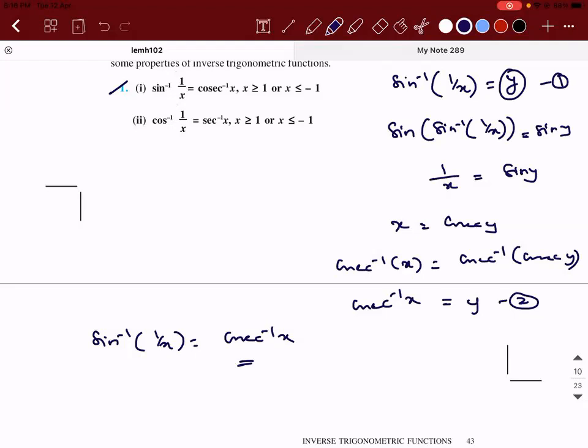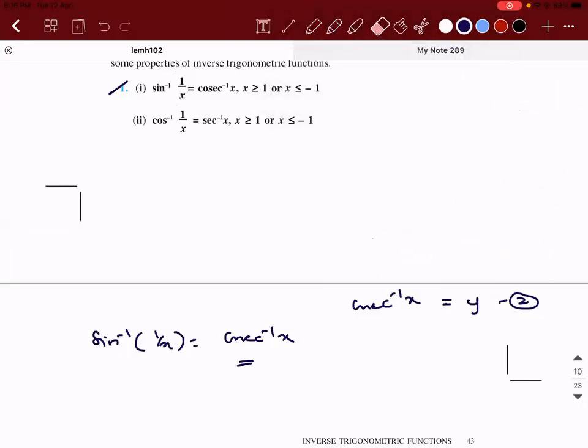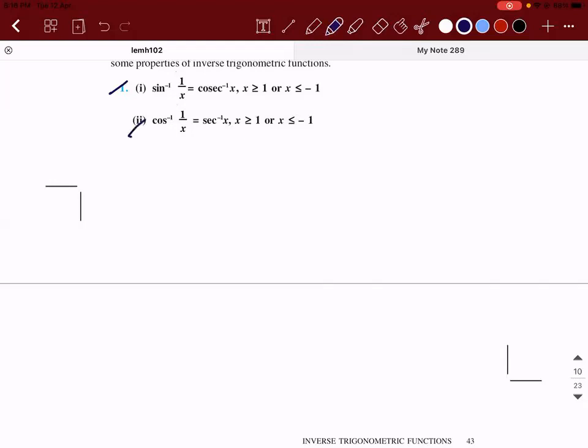Sure. Try the next one. Make it fast. Those who are online, are you able to do it? Yes, sir. Right. If there is any doubt, please ask. So I'm assuming that everybody got this.